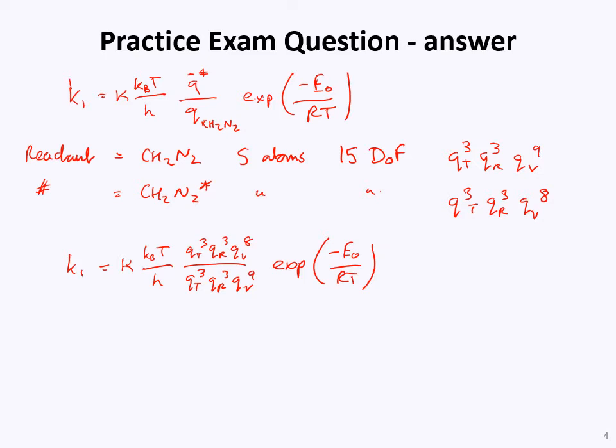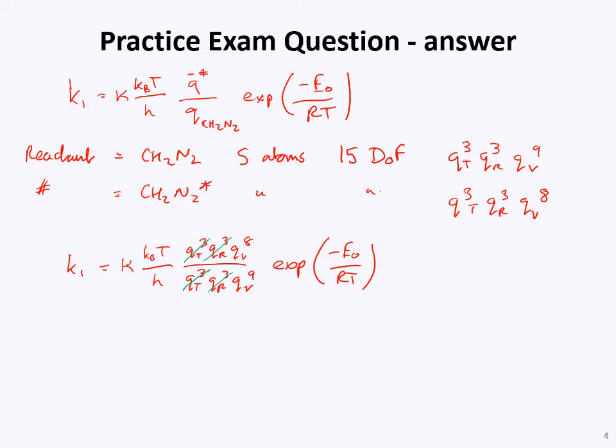Now, to make it simpler, we can use those orders of magnitude. If we think that those orders of magnitude are valid, then we can essentially cancel these two because they're the same order of magnitude, both 10 to the 33 per meter cubed. These are both about 100, so we can cancel those. And this is 1 over 1, isn't it? So we can pretty much cancel those as well.